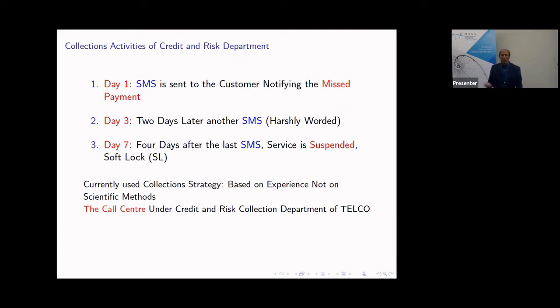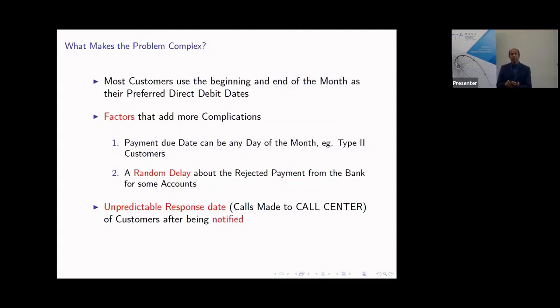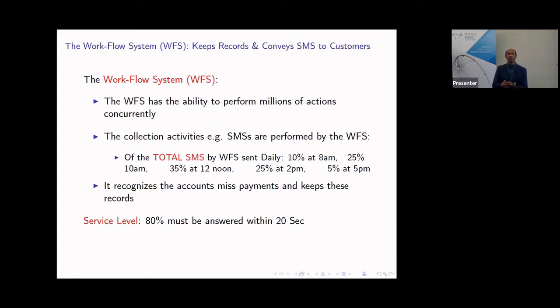It can be the middle of the month, so that you got some accounts on the second day of the month, and you send SMS to many of them, and this effect will last maybe another 7 days. Maybe on day 11, your SMS on the suspension will go, and then many people will call you back. So it becomes kind of an unpredictable phenomenon, in the sense that you don't know how many calls are coming to your call center.